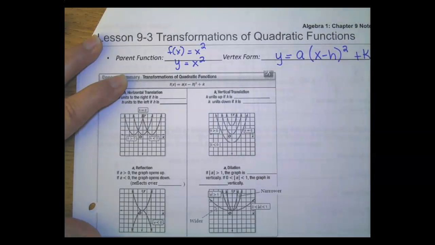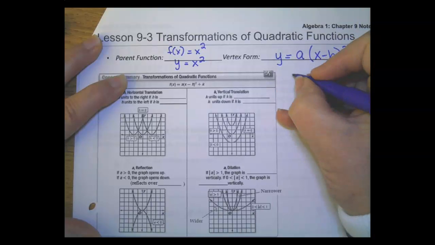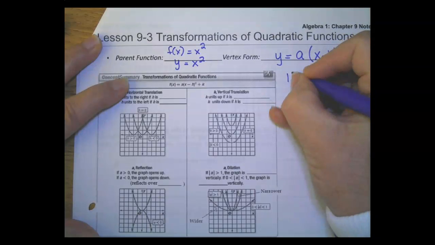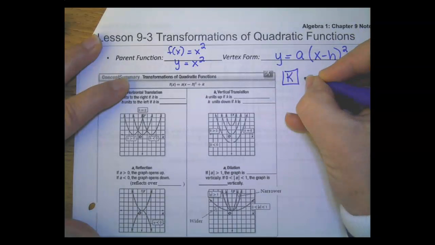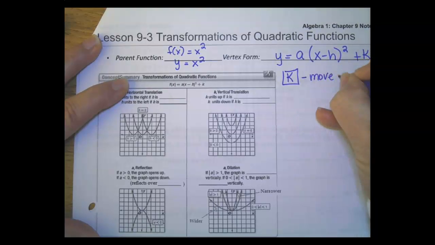Let's talk about what all of these things do. Let's start with the k. The k tells you whether to move up or down.